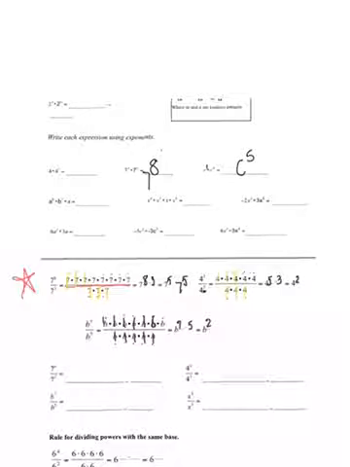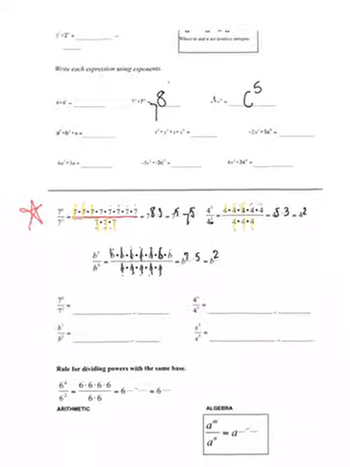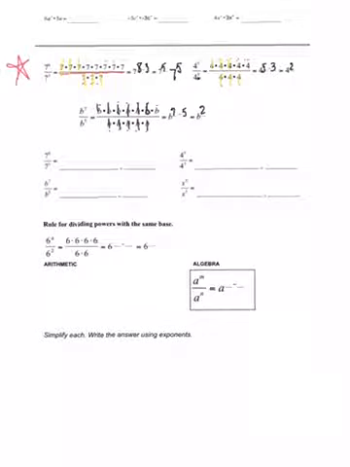So when you multiply like bases, you add the exponents. But when you divide like bases, you subtract the exponents. It's like the opposite, so that kind of makes sense. So the rule is a to the m divided by a to the n is a to the m minus n.